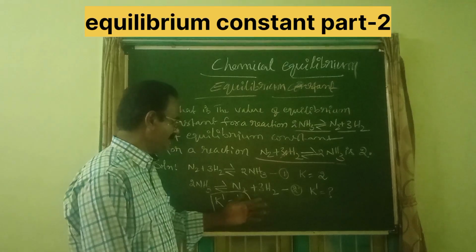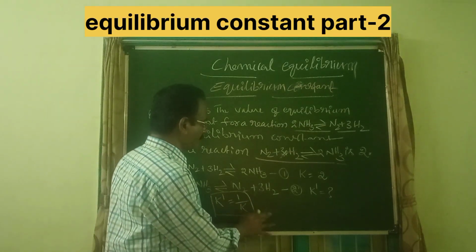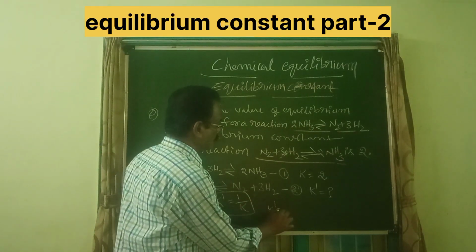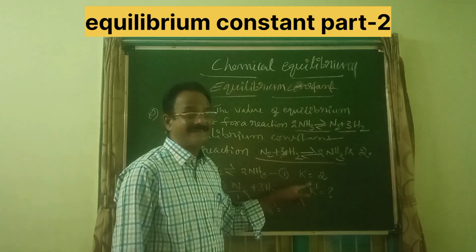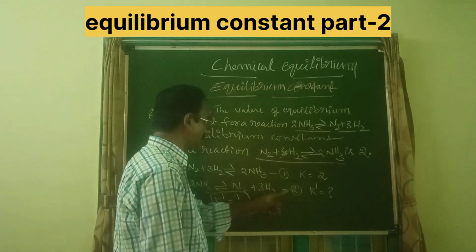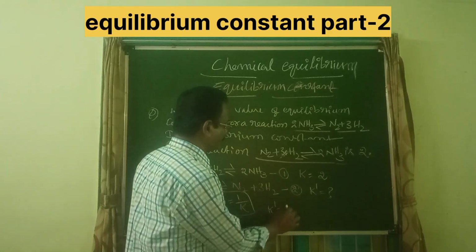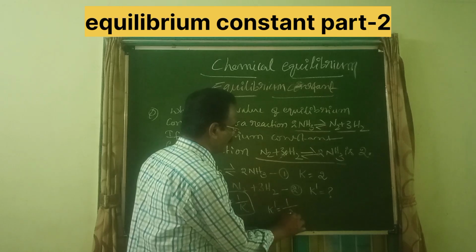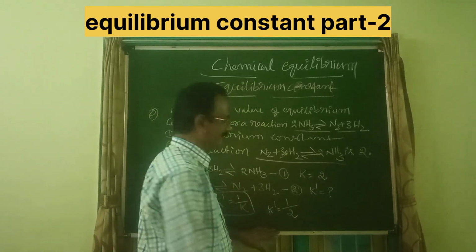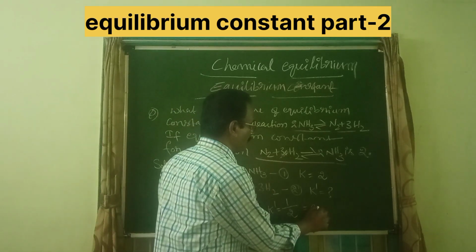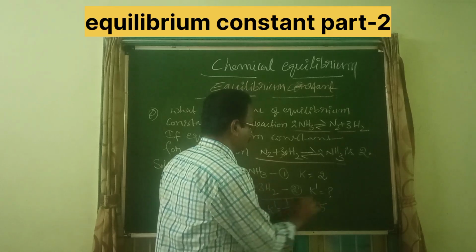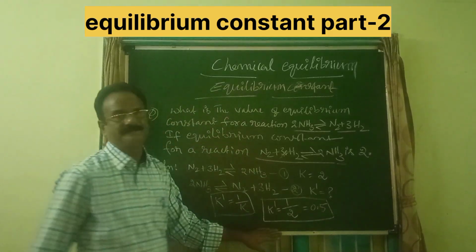Now see here, K dash is equal to 1 by K, and we know that K is equal to 2. So we substitute the value of K: K dash is equal to 1 by 2. Is it clear? It is equal to 0.5. This is the answer for this problem.